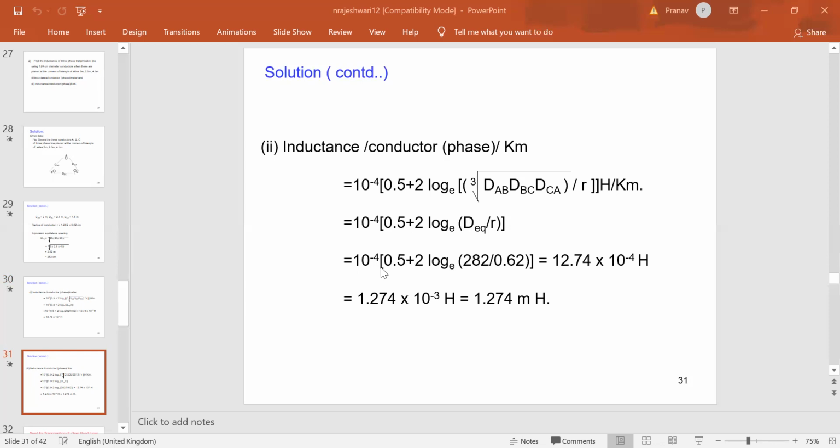So 10^-4 × (0.5 + 2 log(282 / 0.62)) is equal to 12.74 × 10^-4 Henries, the inductance per conductor per kilometer, which is equal to 1.274 × 10^-3 Henries, or 1.274 millihenries per kilometer.